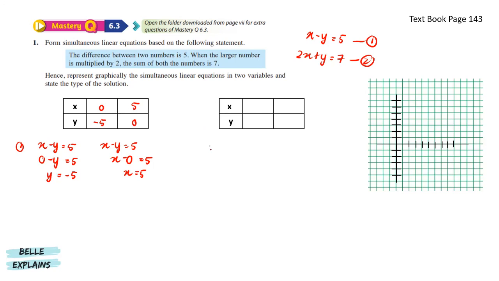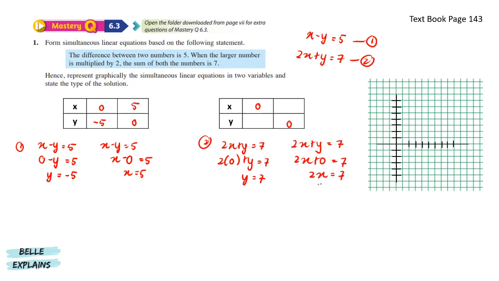For equation 2, we'll do the same thing. If x equals 0, let's sub that in to find the value of y. We get the value of y at 7. And if y equals 0, let's sub that into the equation and we get the value of x at 3.5.